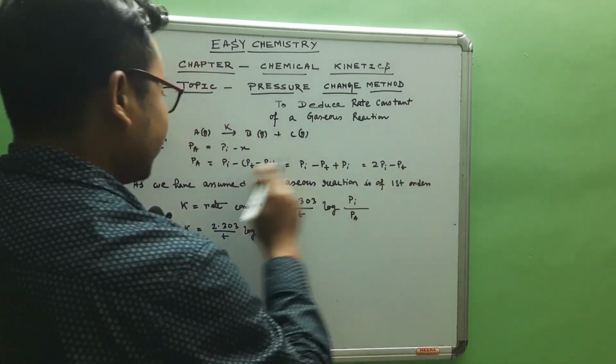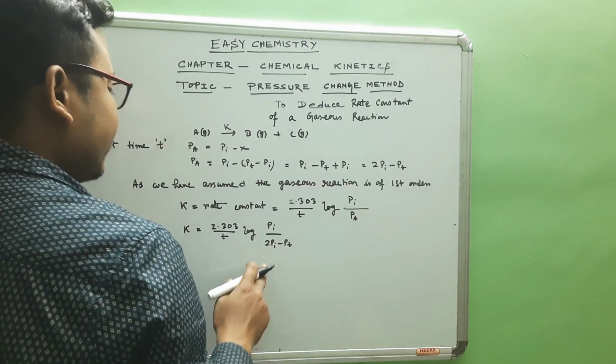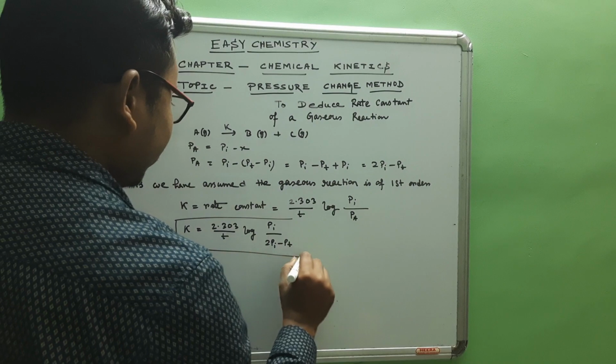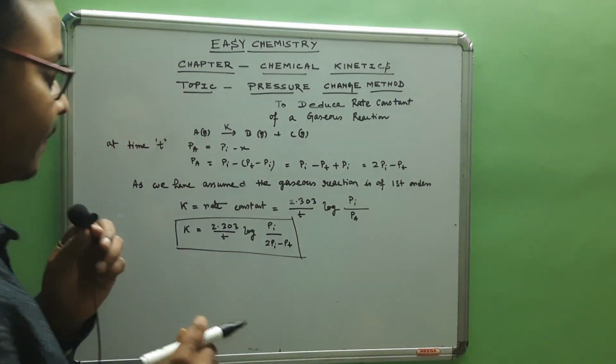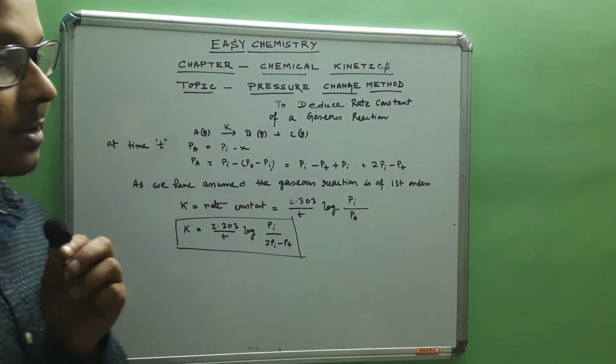Here Pa equals 2Pi minus Pt, so we put the value of Pa. So this is our final formula of rate constant in terms of the pressure change method. Okay, so hope my dear students you get something out of this class.